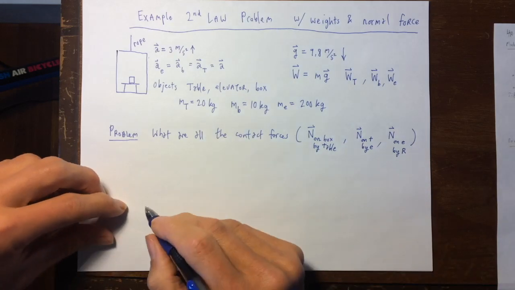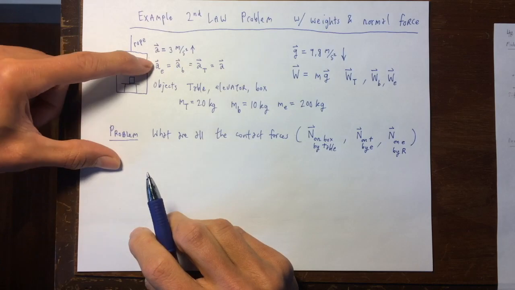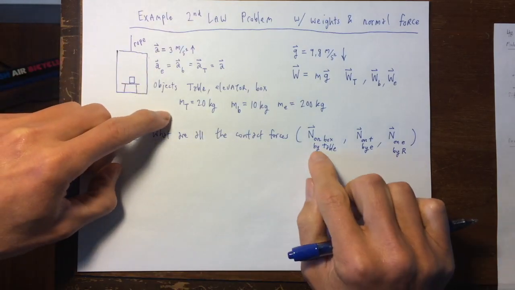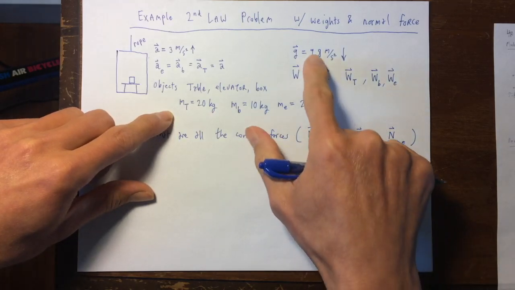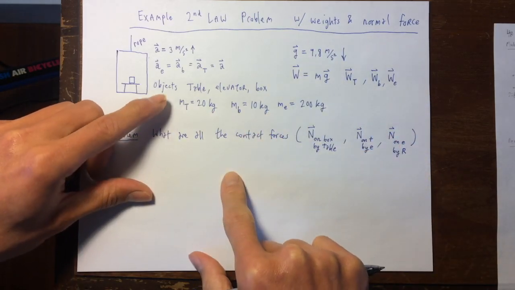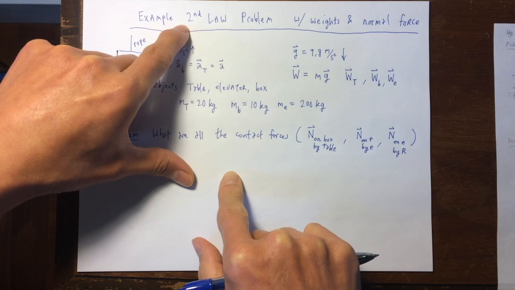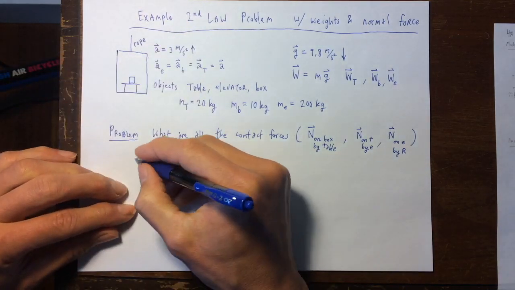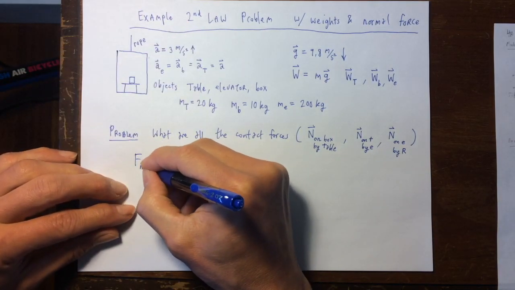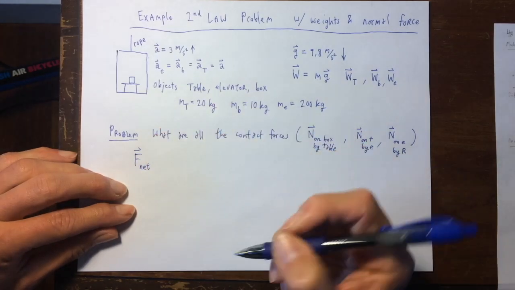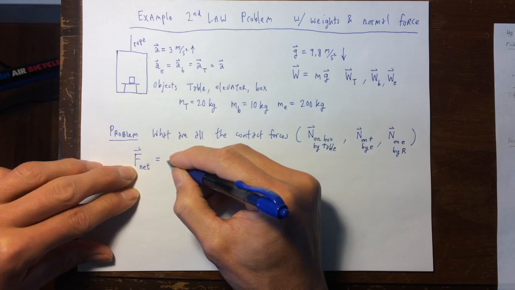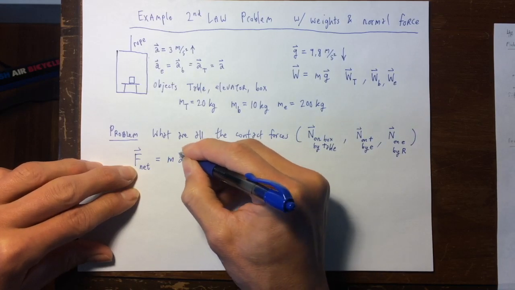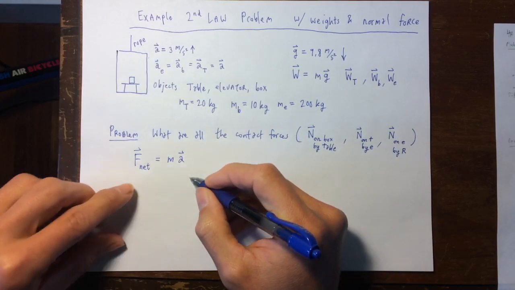Whenever you see acceleration mixed in with forces, and there are calculational values around that you can work with, you really ought to be thinking in terms of Newton's second law. It's clearly written that the net force on any particular object is equal to the mass of that object times the acceleration of that object.